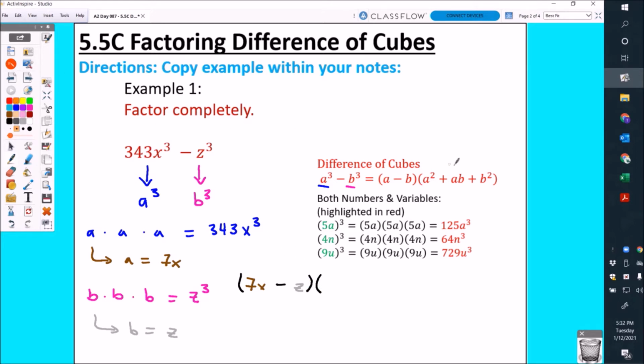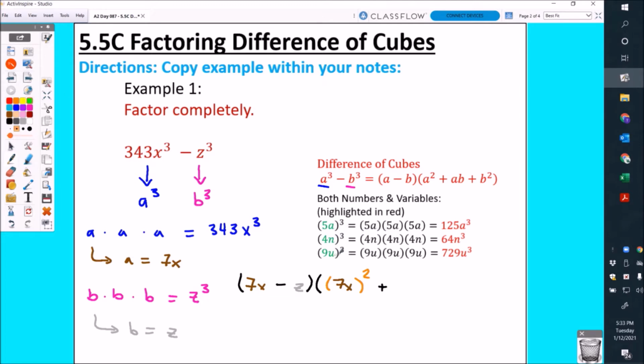Now here, it says a squared. So I'm going to square my a value, which is 7x. All right, let's not forget that square. Then followed by that plus.